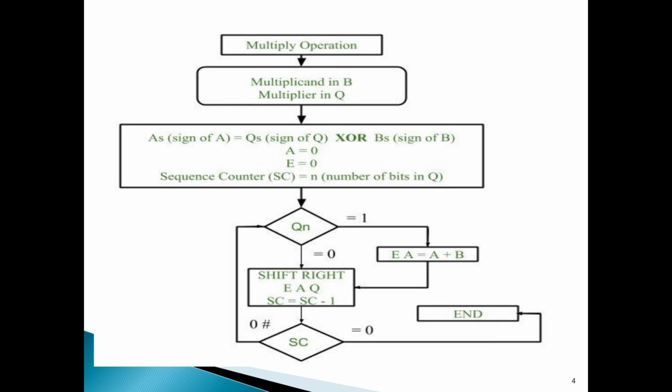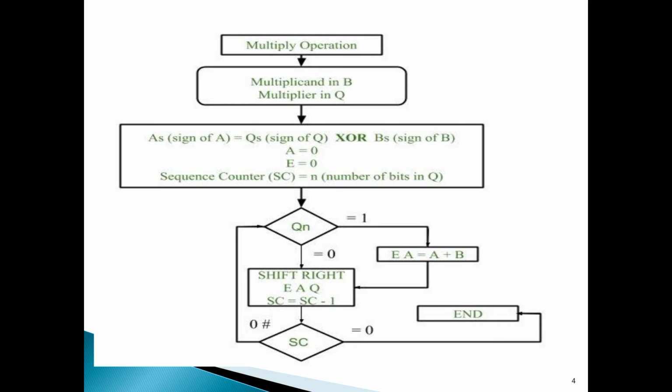If it is 0, then perform the shift right operation for EAQ. If it is 1, then add A and B and store the result in A. After performing the addition operation, perform the shift right operation for EAQ and decrement the sequence counter.